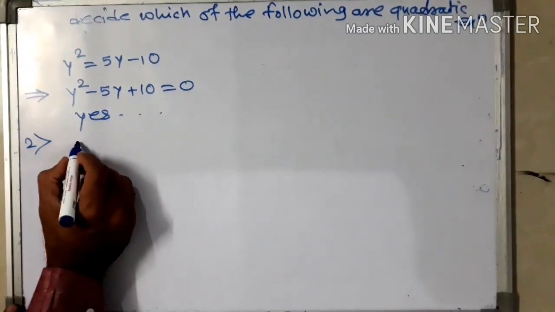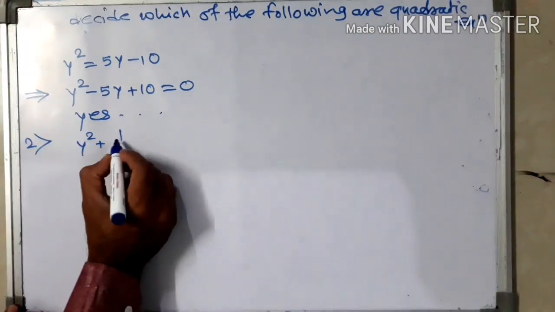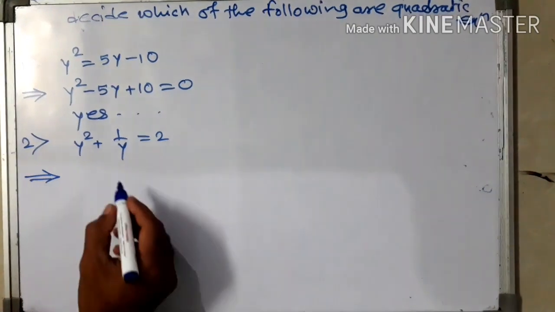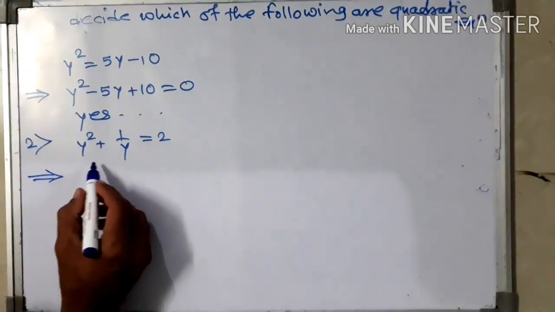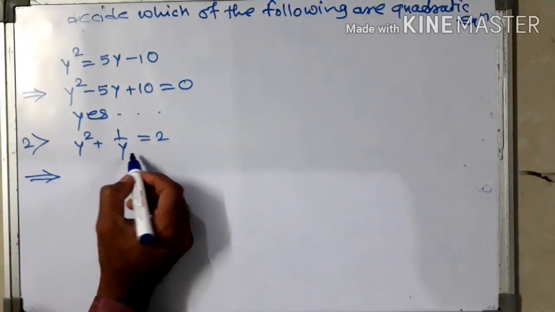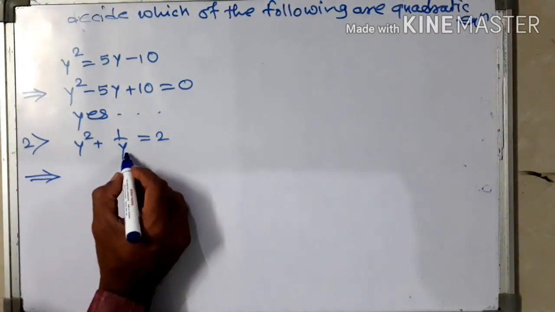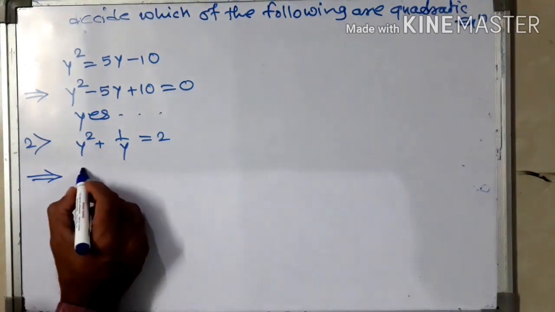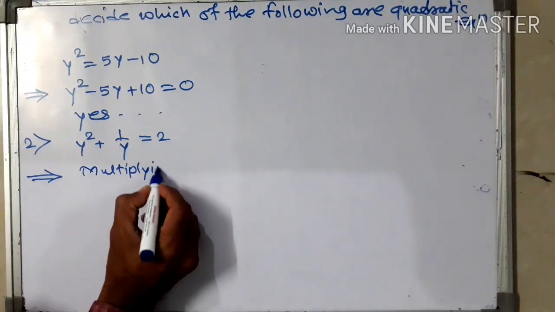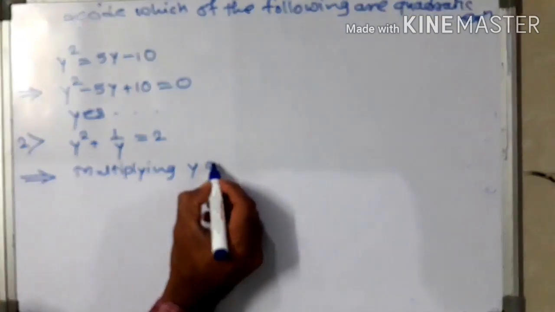Number 2, y square plus 1 upon y equals to 2. First we simplify that equation. Here y is in the denominator, so we should eliminate y by multiplying y on both sides.